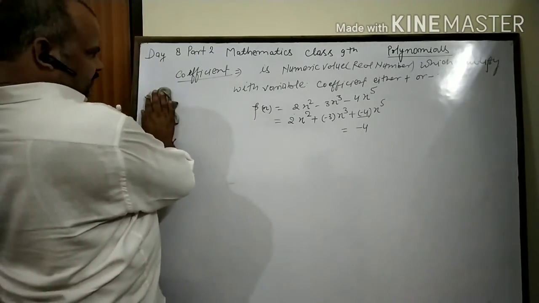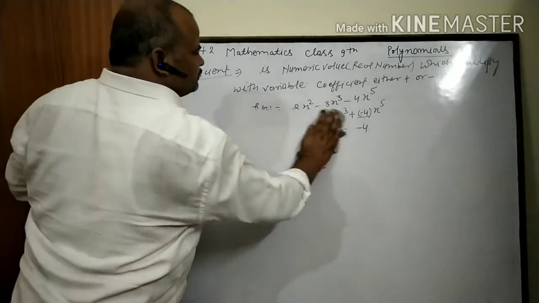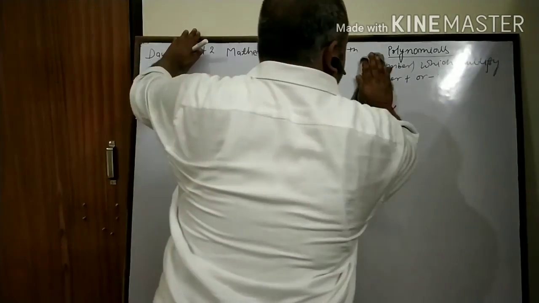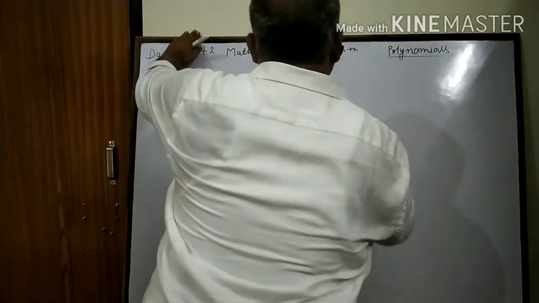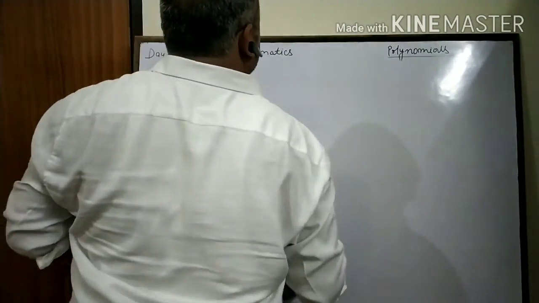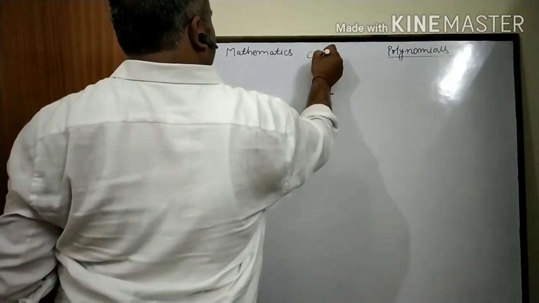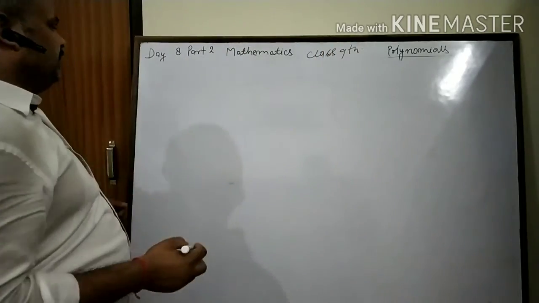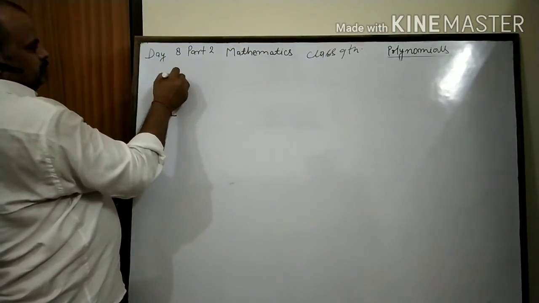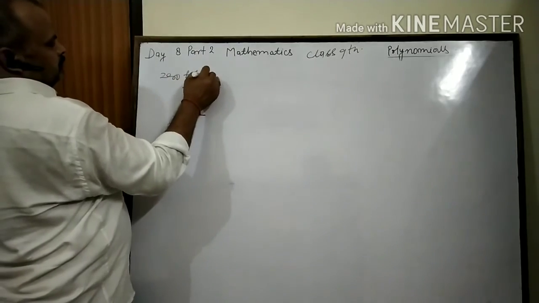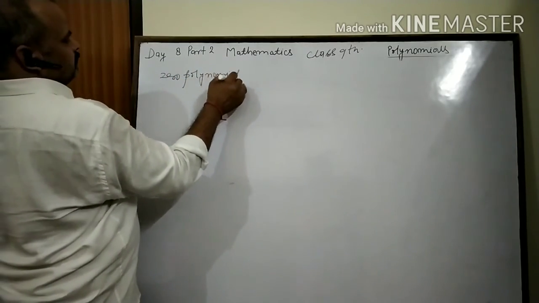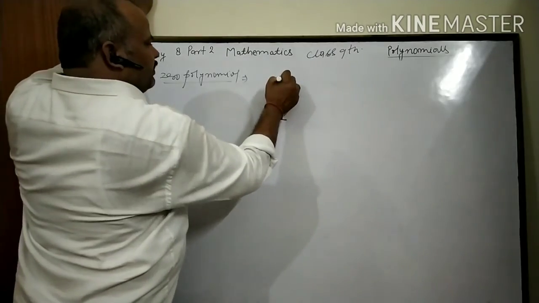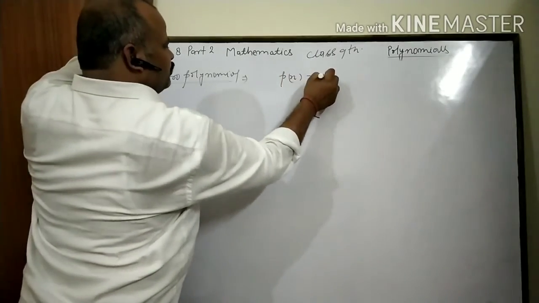Zero polynomial. Zero polynomial means here px is equal to 0.